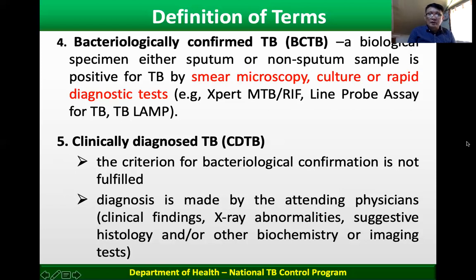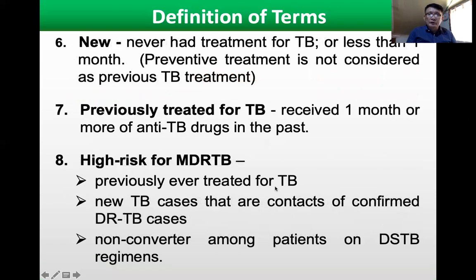So let's move now to the next. Another definition is new. So far, there are no changes at all when we say new in the 6th edition of the revised MOP.